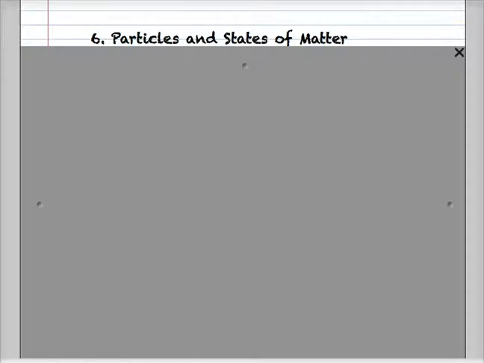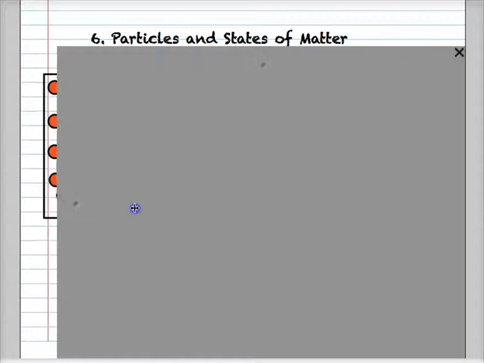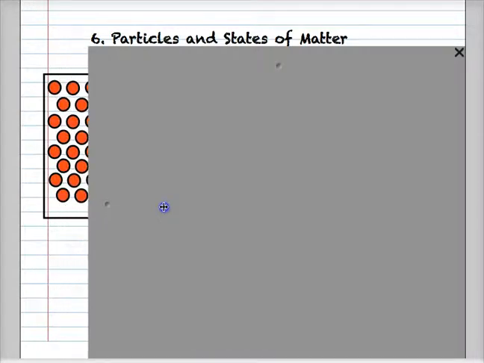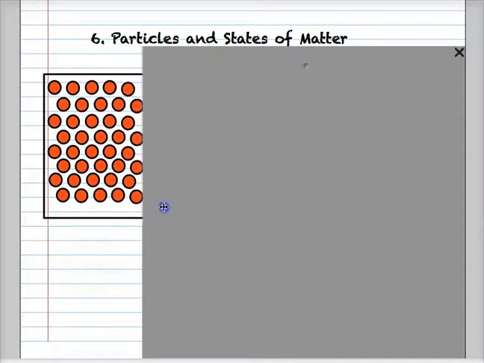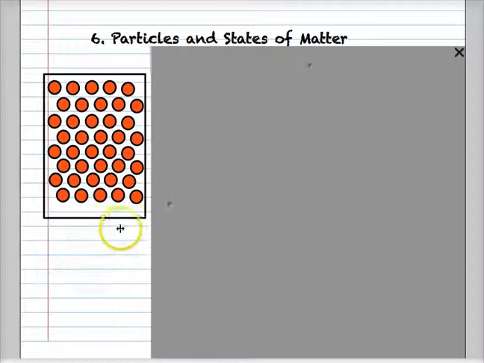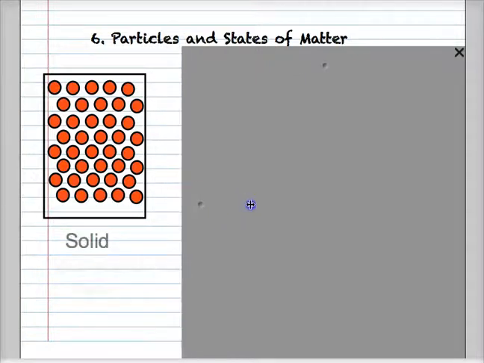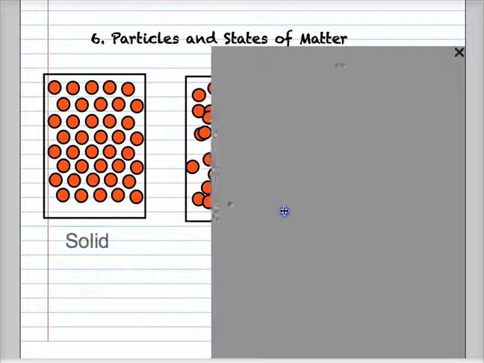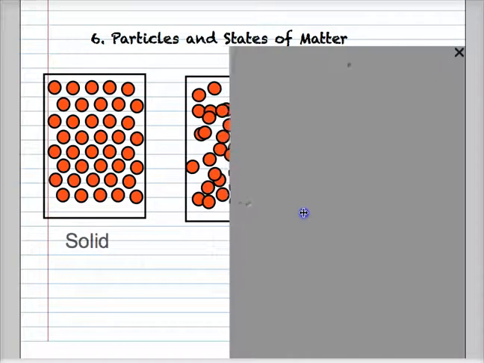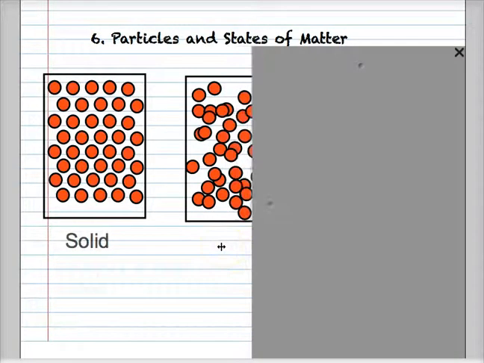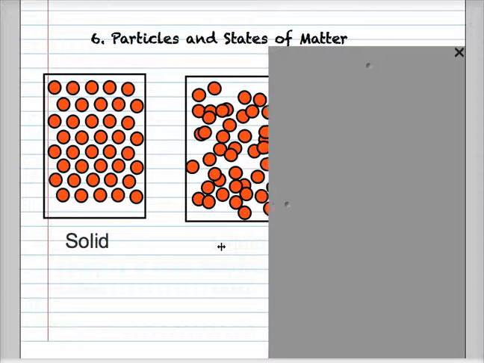In the last podcast, we saw how particles are arranged in solids, liquids, and gases. In solids, particles are arranged tightly together, and in liquids, the particles are also tightly together, but in a disordered fashion, with no long-range order.